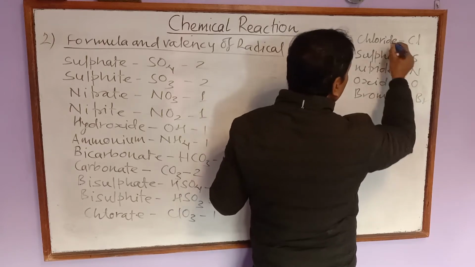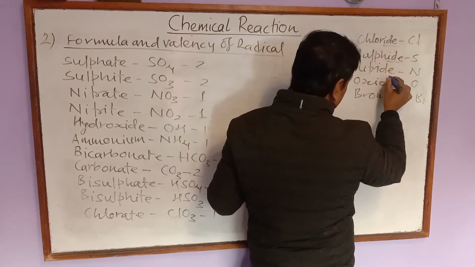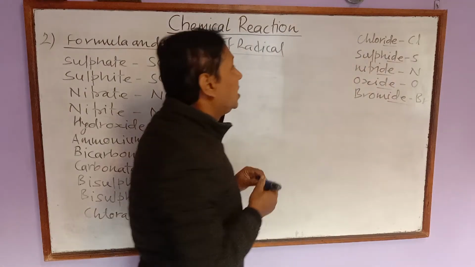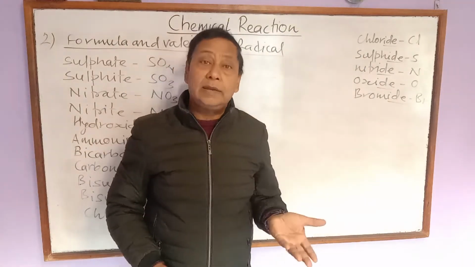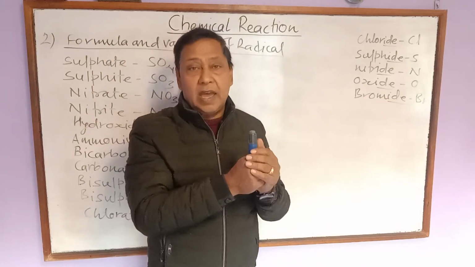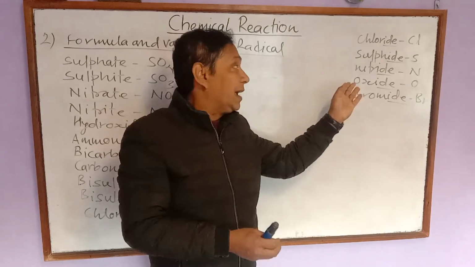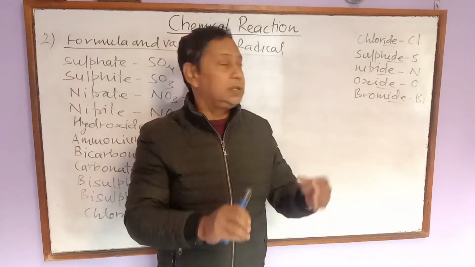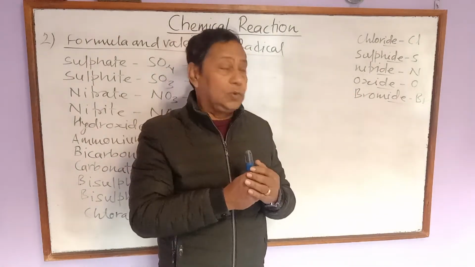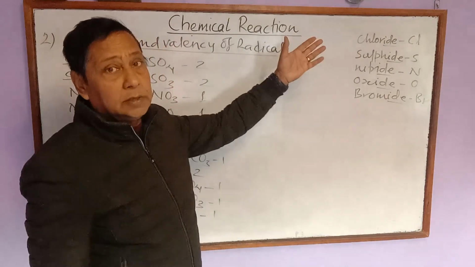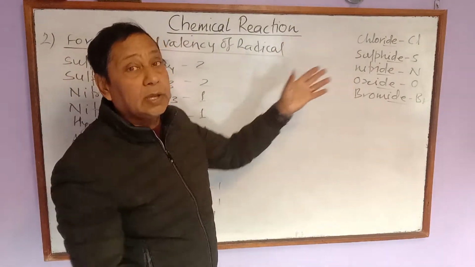Hydride. Look at this, the ide suffix is coming. This represents the element. If someone says iron chloride, then chlorine is combined with iron. Iron sulfide, sulfur is combined with iron. In the same way, aluminium nitride means nitrogen is combined with aluminium. This way, chloride, sulfide, nitride, oxide, bromide, this represents the elements combined.